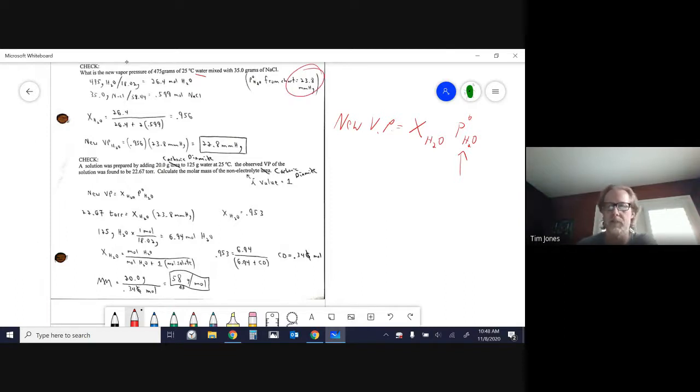Then I need to find this mole fraction. So I take my grams of water and turn it to moles, my grams of sodium chloride and turn it to moles. Here's the mole fraction symbol. Here's my moles of water. Here it is again, i value of 2, and the moles of the solute.